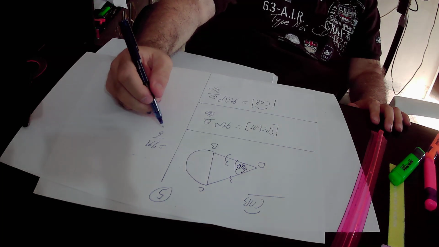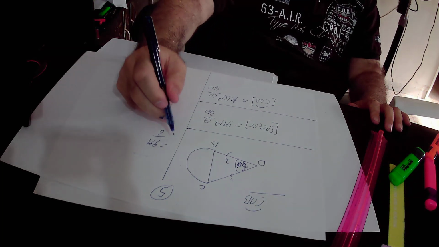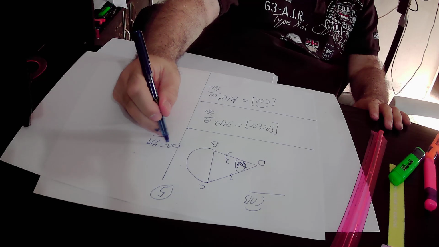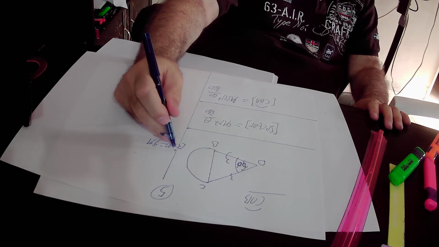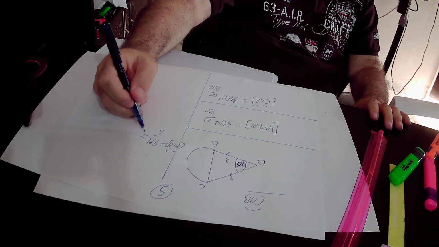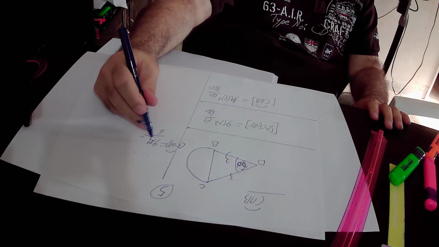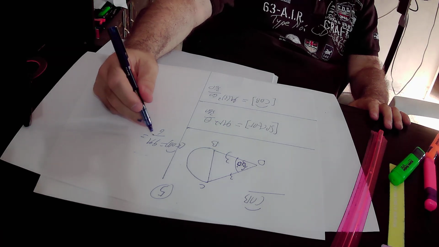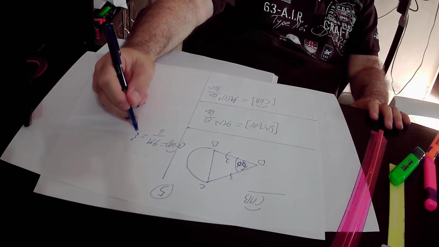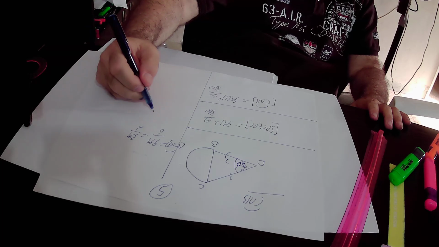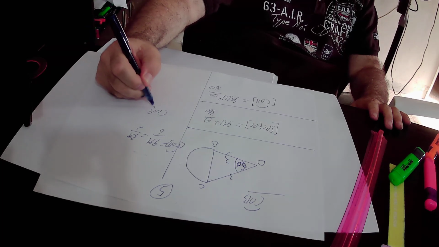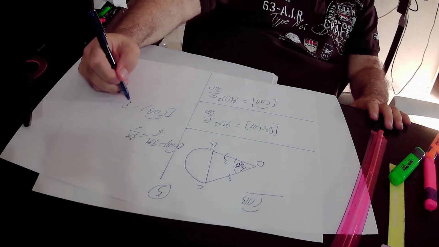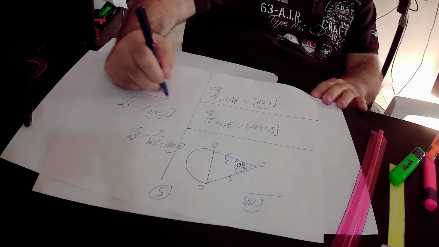In conclusion, this expression equals 9 pi over 6. Okay, so the area of sector COB will be equal to 9 pi over 6 square units. We divide both the numerator and the denominator by 3. 9 over 3 is 3, so in the numerator we have 3 pi. 6 over 3 is 2, so we found that the area of sector COB equals 3 pi over 2 square units.